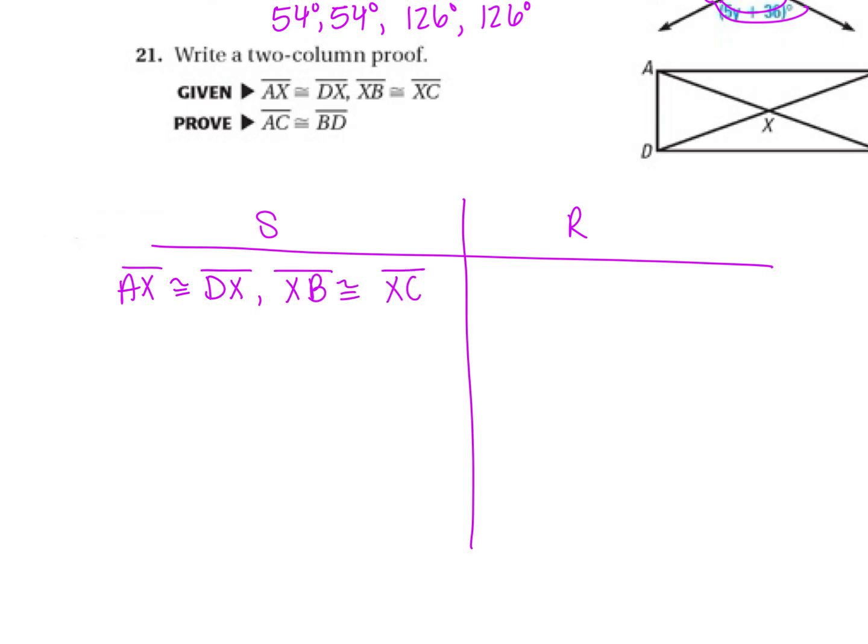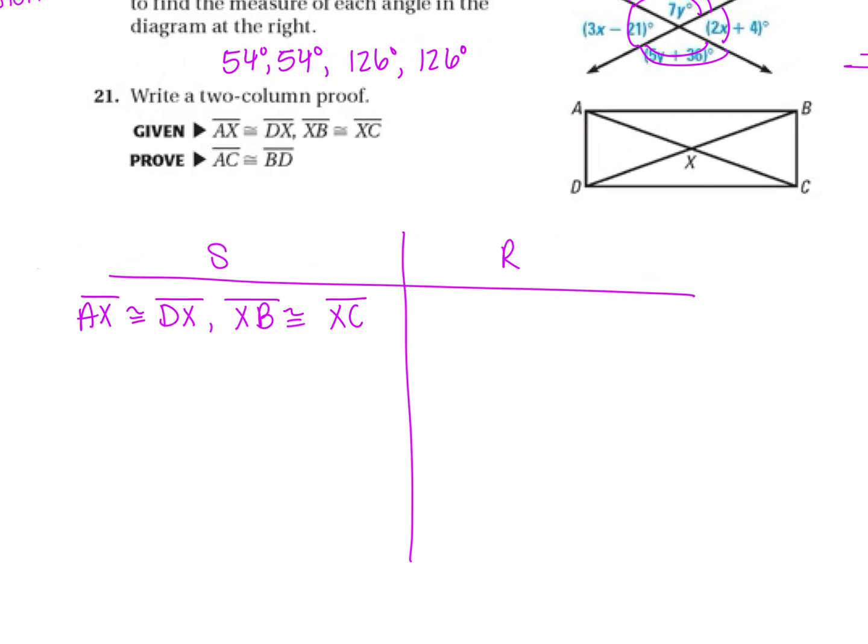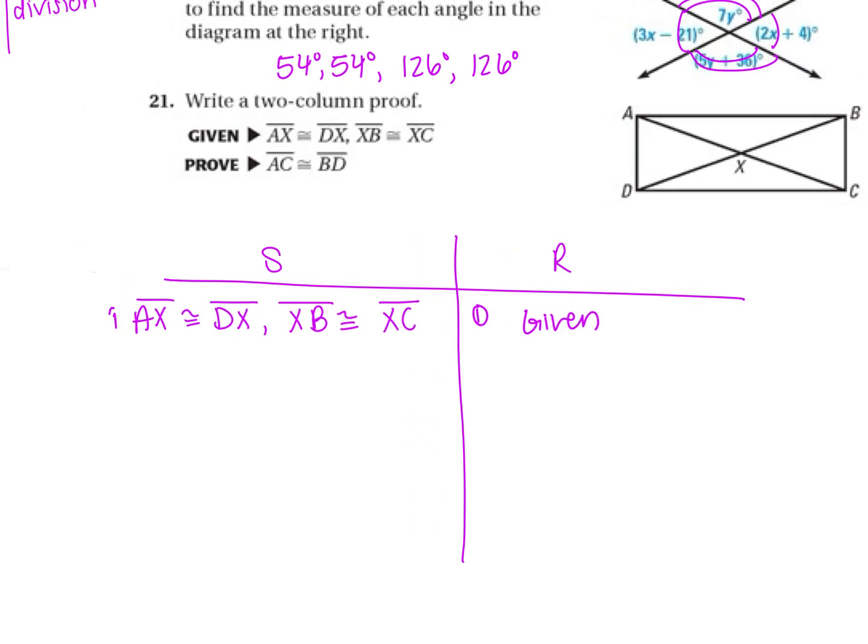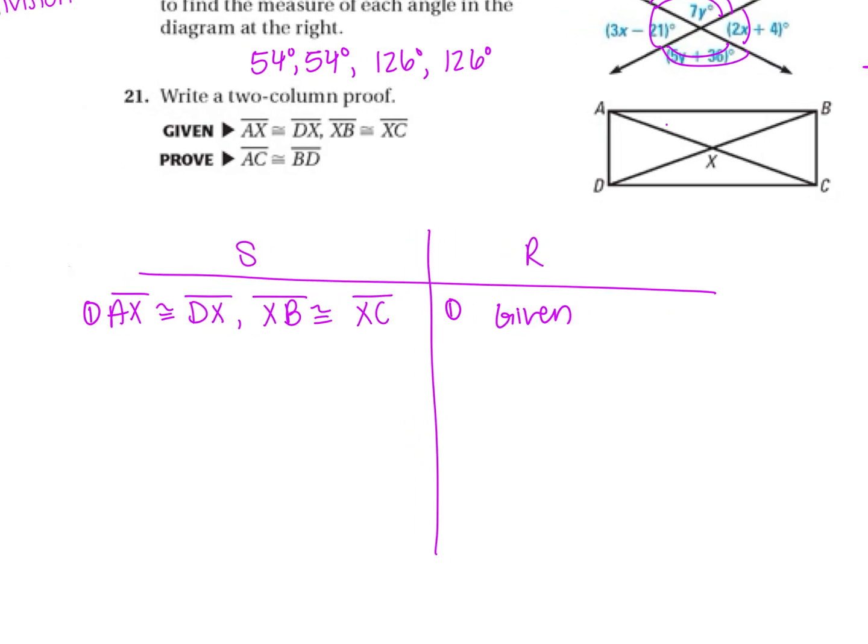Nothing is drawn on my diagram, so I'm going to label those using congruency marks. AX is congruent to DX. CX is congruent to BX.